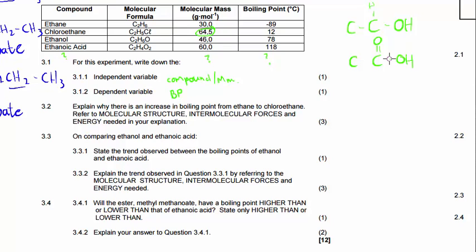Okay. Will the ester methyl methanoate have a boiling point higher than or lower than ethanoic acid? State only higher than or lower than. So let's go draw it quickly. Methyl methanoate looks like this.